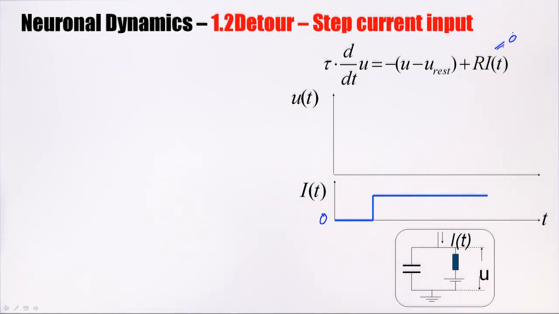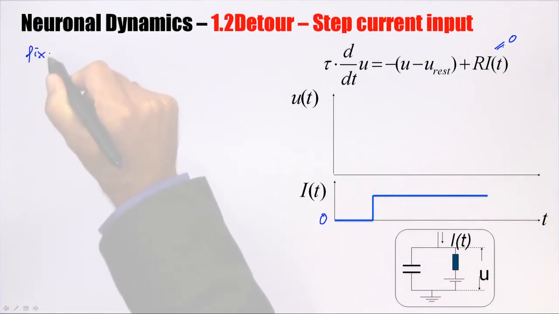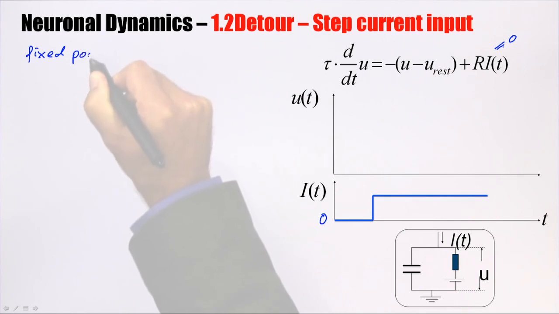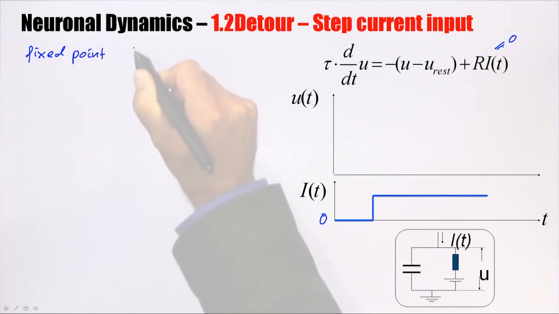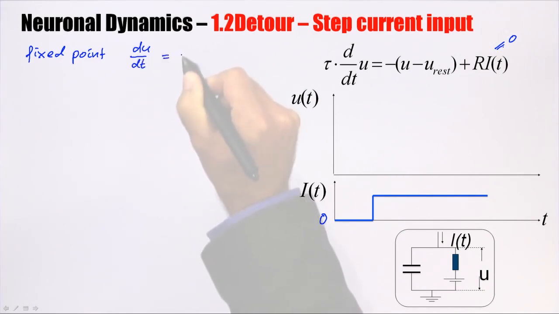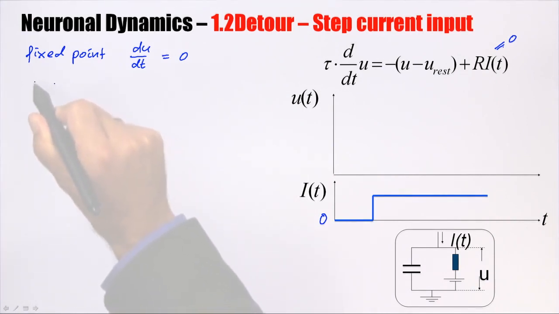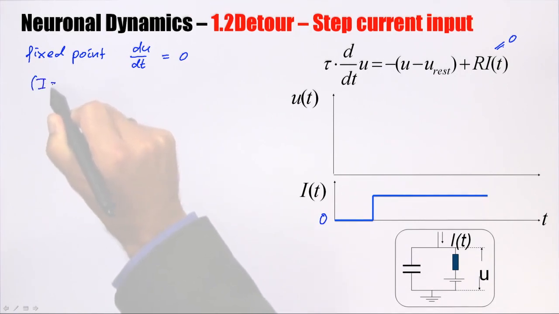Now we can take two different approaches. Let's take the mathematical approach first. The mathematical approach is to look for a stationary solution, a fixed point, defined as a derivative which vanishes. du/dt equals 0. Now if du/dt is equal to 0, then we are in the case that I equals 0.